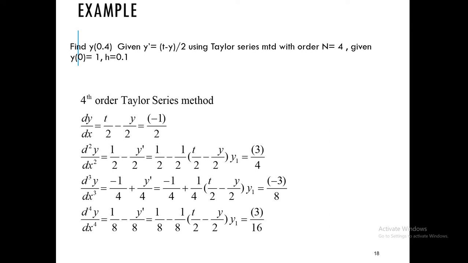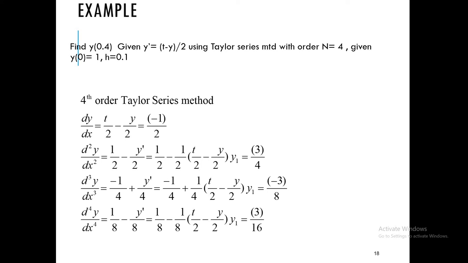This will give us negative 1 over 4 plus 1 over 4 y prime, so that is negative 1 over 4 plus 1 over 4 times (t minus y over 2). Then we can expand again to get 1 over 4 plus t over 8 minus y over 8. Are you getting it?